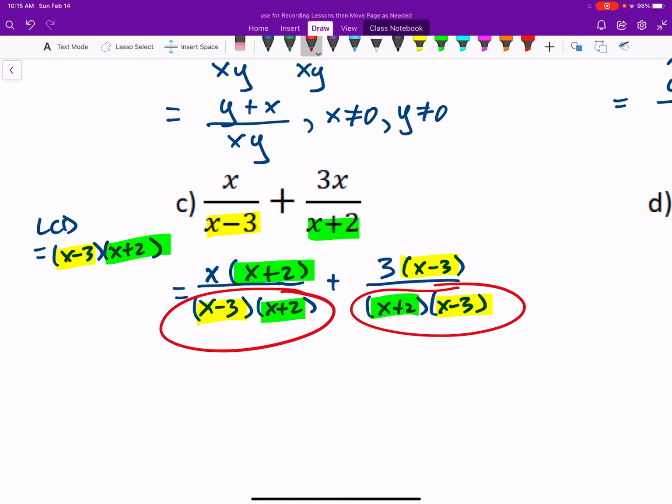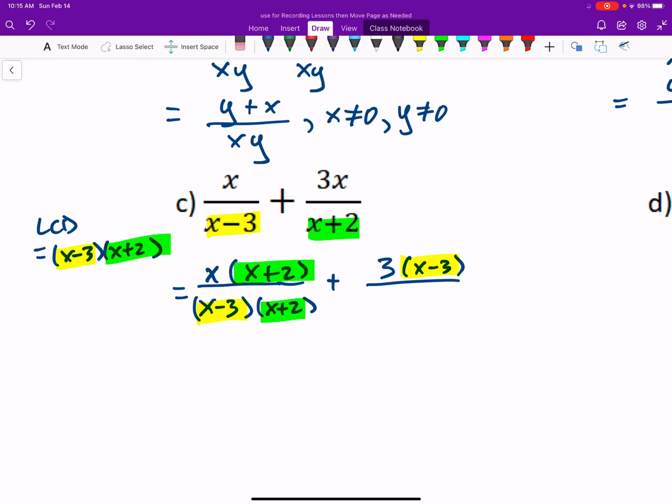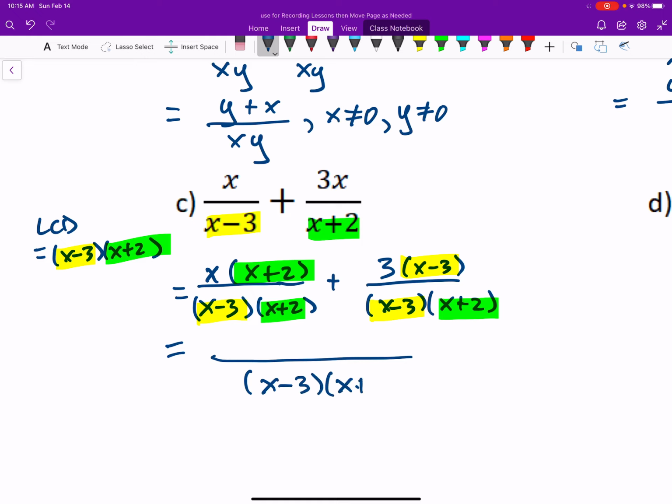That doesn't matter. Order doesn't matter. But if it makes things easier, you can always write them in the same order every time. So I could have written it like this, so that it's more obvious that these are common denominators. Either way, when I bring them together, my common denominator is just the x minus 3 times x plus 2.